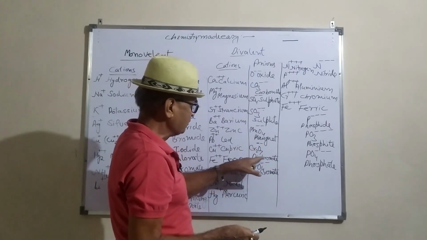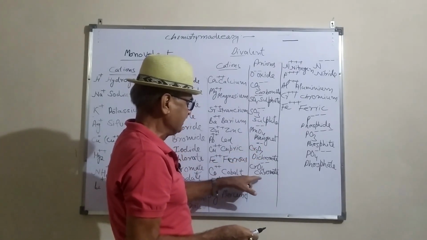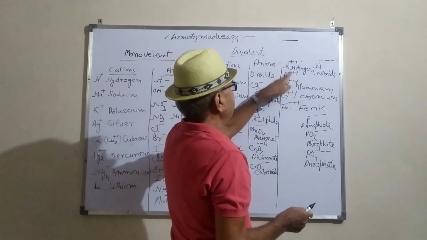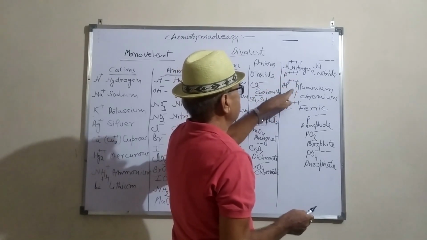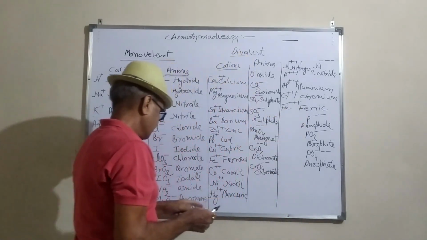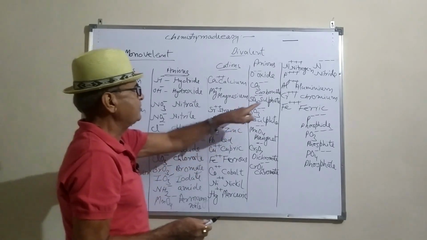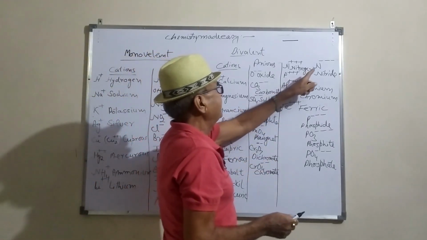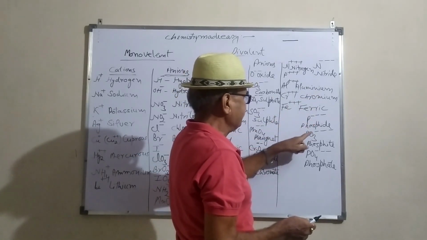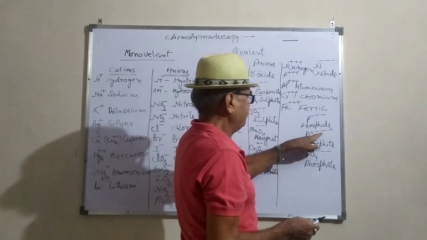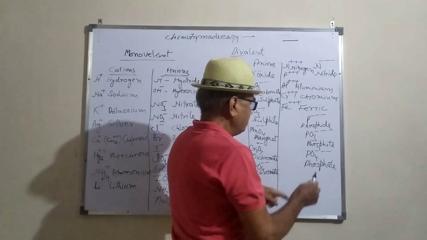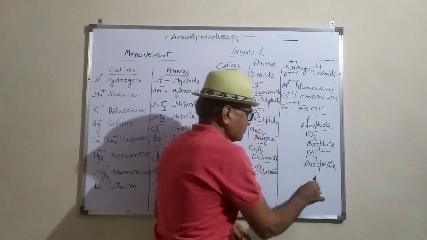Cr2O7 double negative dichromate, and CrO4 double negative chromate. Then trivalent: Al triple positive aluminium, Cr triple positive chromium, Fe triple positive ferric. Double positive Fe is ferrous, and this is ferric. And N triple negative nitride, P triple negative phosphide, PO3 triple negative phosphite, and PO4 triple negative phosphate.